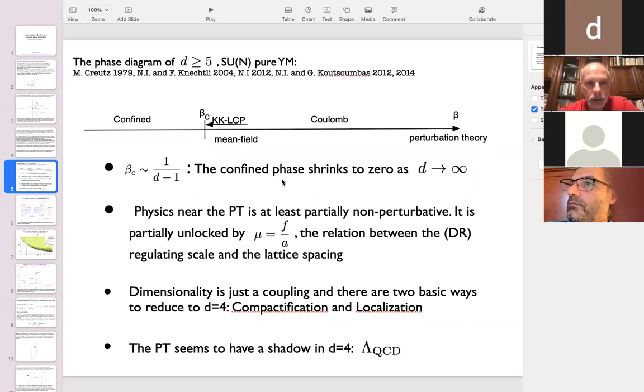So in particular, this means that as d is taken to infinity, the confined phase shrinks and finally disappears completely at infinite dimensions. This just means that one cannot form flux tubes in infinite dimension.